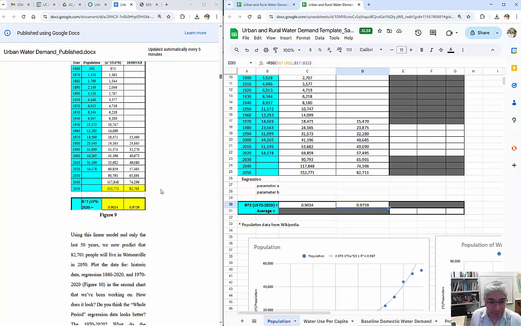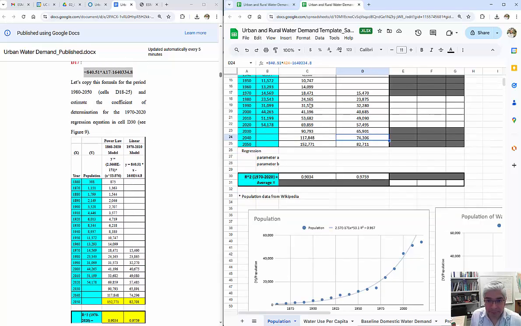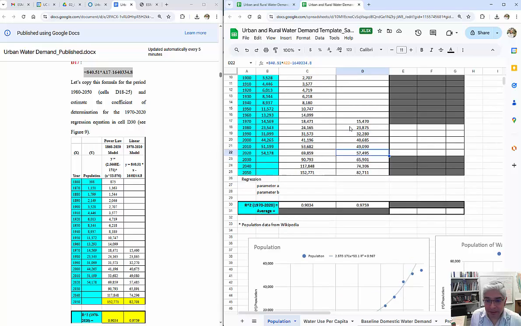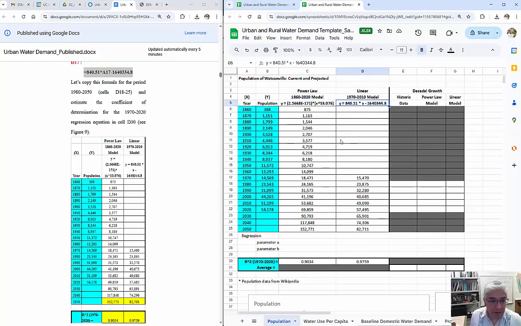So now we have, as you can see, a similar population to the one that was put in here. Sometimes it's just some of the decimals that make a difference, but that will be good enough.